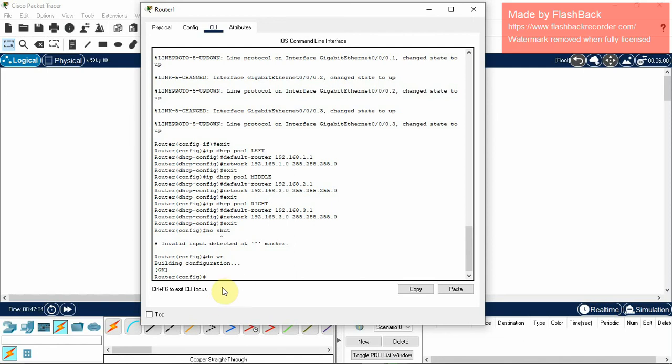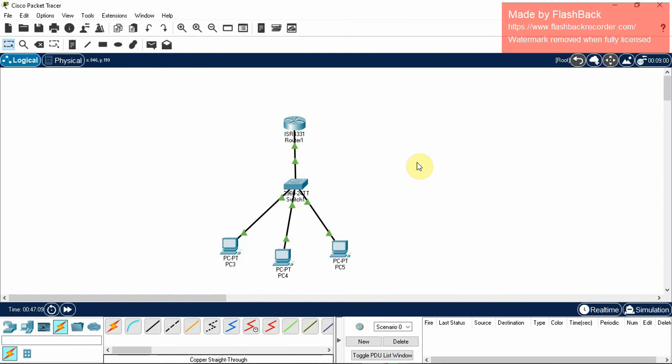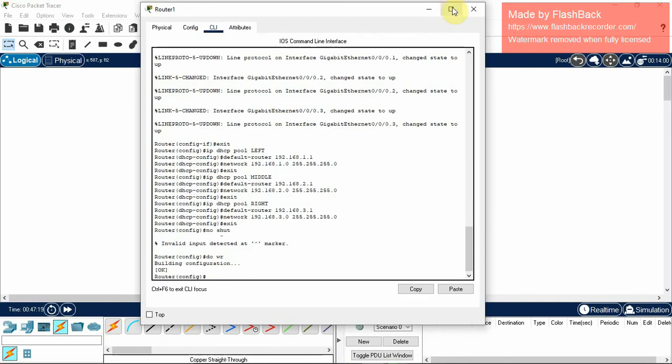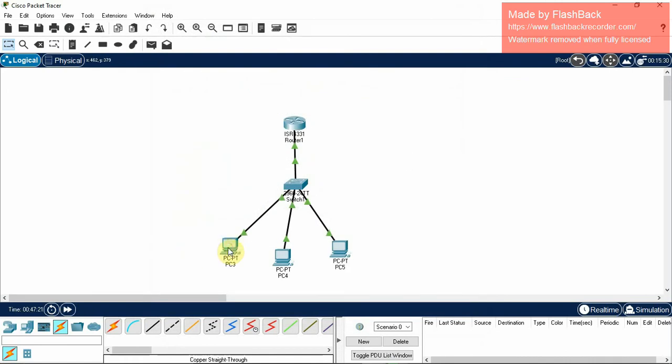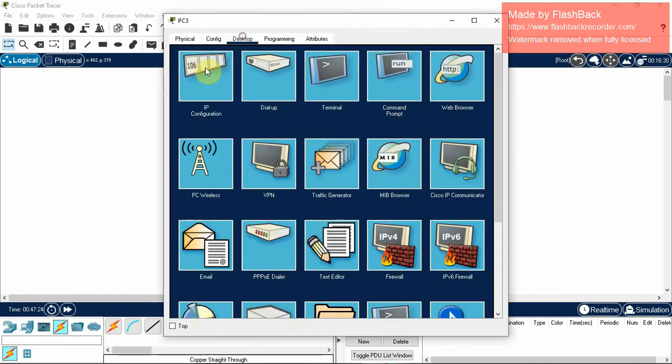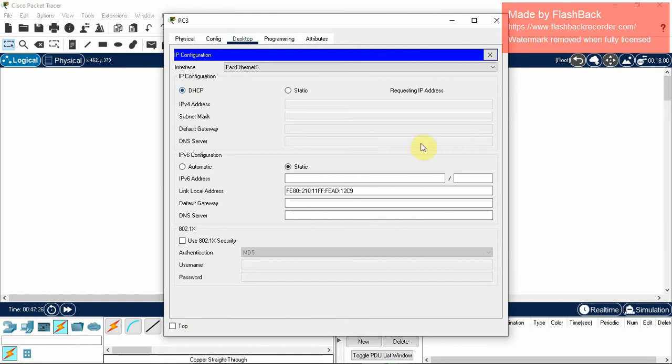So now we have already configured the whole VLAN and the DHCP it represents, and we're going to see if the computers receive the IP addresses from the router. So this one, let's check and see. They are 192.168.1.2, that is going to be the one for VLAN 10, the first network.